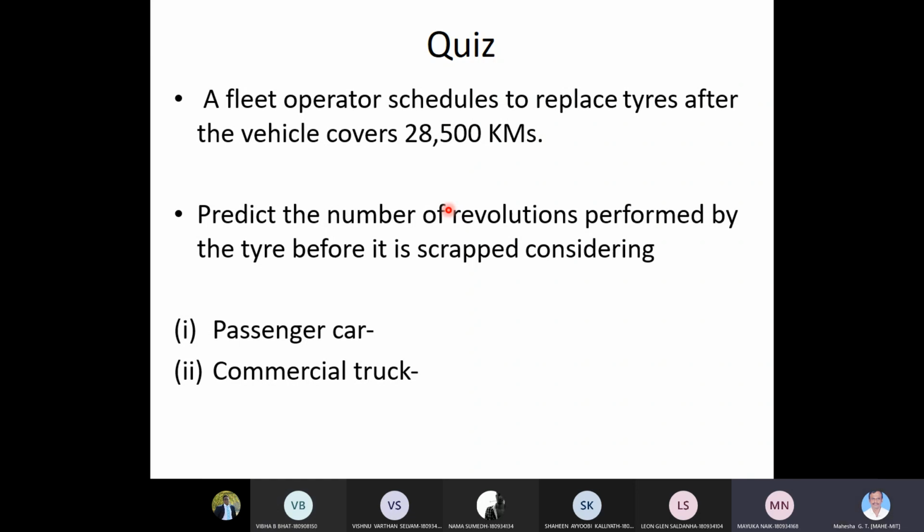Tire size means the diameter you want? Yes, sir. Okay, that is one data I will give you. For passenger cars, what diameter do you normally come across? Sir, I think it's 18 to 21 inches.